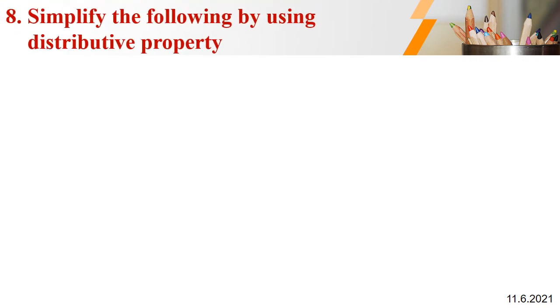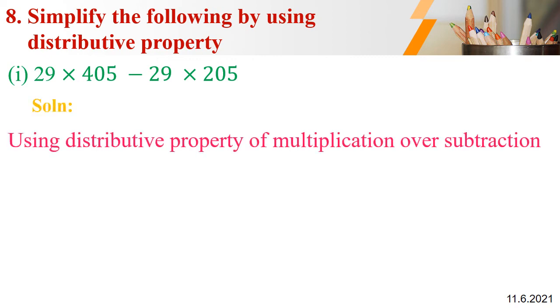Now let's see the eighth problem. Simplify the following by using the distributive property. The first one, 29 into 405 minus 29 into 205. So here we have to use the distributive property of multiplication over subtraction. That is, A into B minus A into C equal to A into (B minus C).